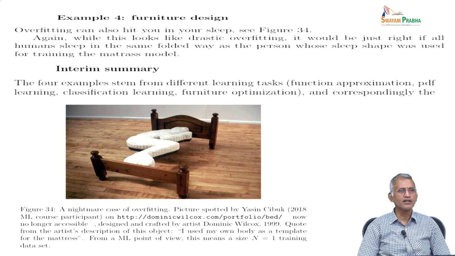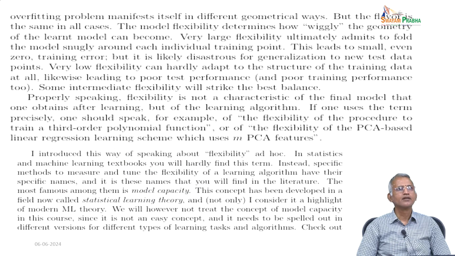Quote, first the artist's description of the object: I used my own body as a template for the mattress. From the ML point of view, this means the size n equals 1 is the training data set. So, the overfitting problem manifests itself in different geometrical ways, but the flavor is the same in all cases. Model flexibility determines how wiggly the geometry of the learned model can become.